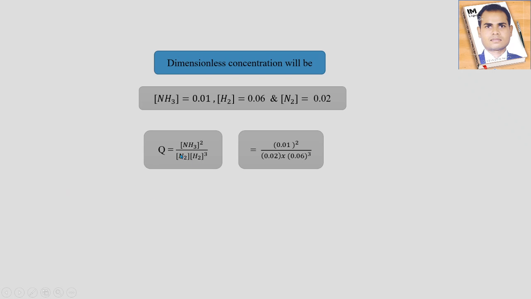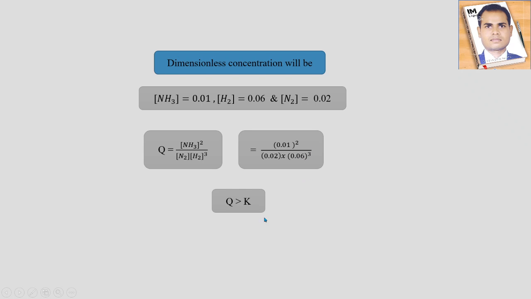So Q is equal to the concentration of ammonia squared divided by the concentration of nitrogen times the concentration of hydrogen cubed. You will write it this way: ammonia squared, and nitrogen 0.02 times 0.06 cubed.